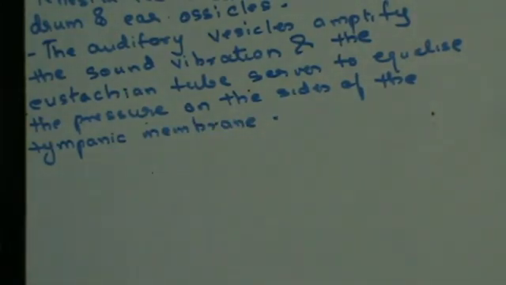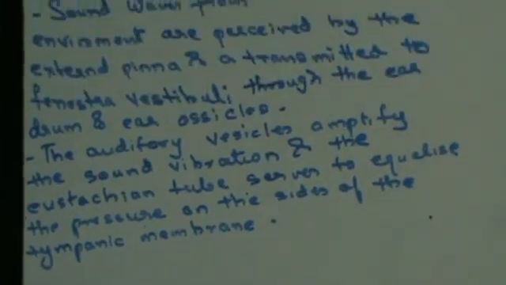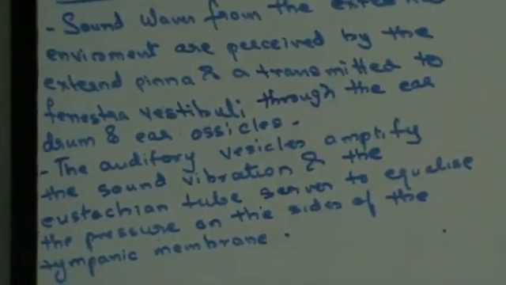So you have sound waves that will go from the external ear through the auditory canal, through the eardrum, through the ear ossicles and would reach the fenestra vestibule. You also have the auditory ossicles that would amplify the sound. The eustachian tube would make sure that you have equal pressure on either side of the tympanic membrane, that's the eardrum, right?